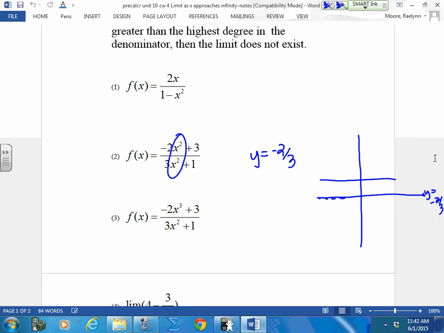Now, this line is here to guide the end behavior. Therefore, what we have to say now, as x approaches infinity, from the negative or the positive, it's going to approach that y value.